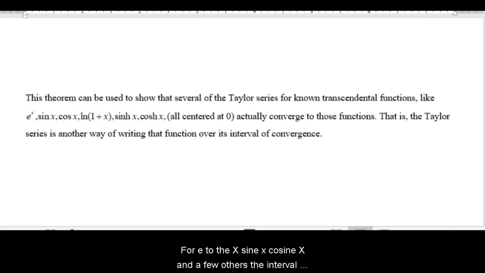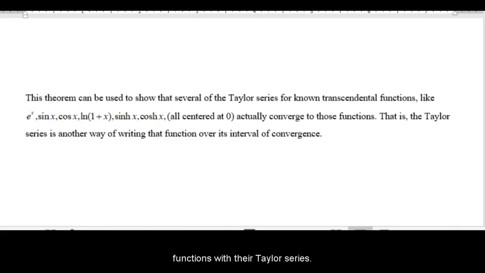For e to the x, sine x, cosine x, and a few others, the interval of convergence is actually all reals, which means that we can approximate any value for those transcendental functions with their Taylor series. For others of the Taylor series, there is a more restricted interval of convergence, which means that we can only approximate close to the known center.